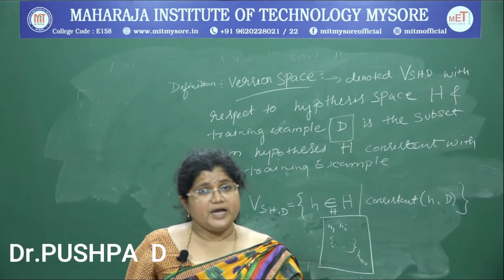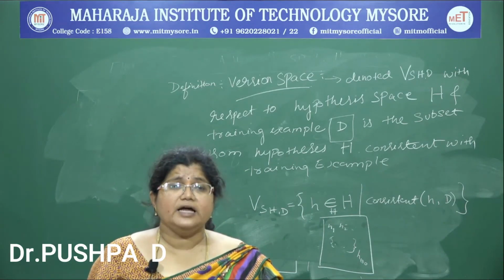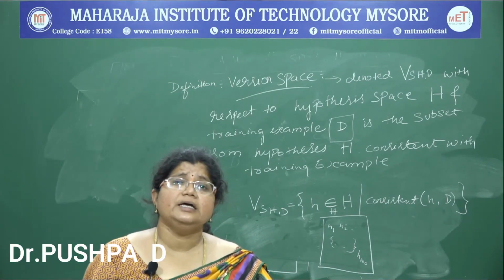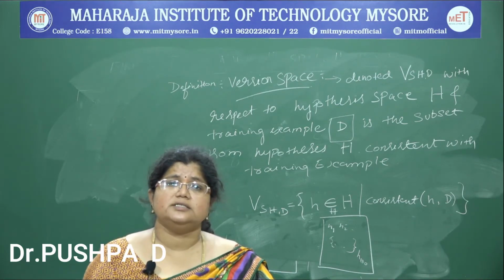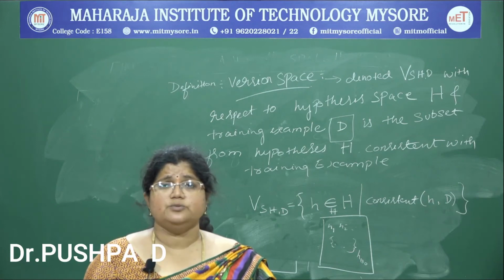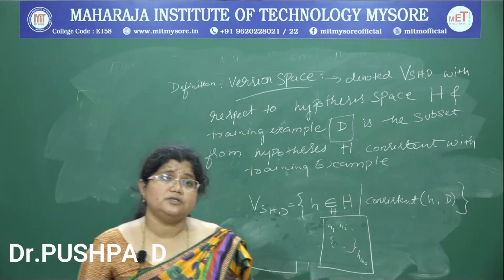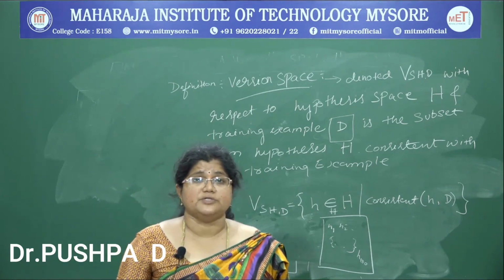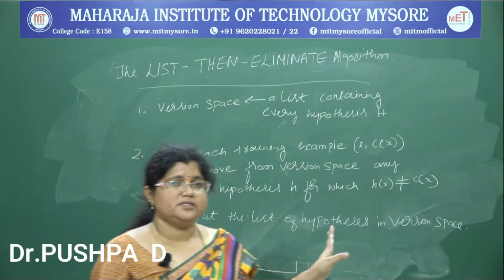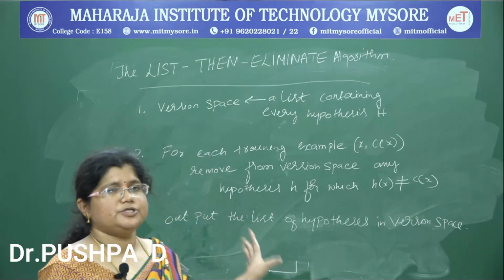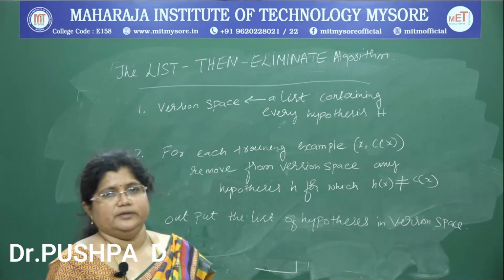Now, based on this version space, we have a simple algorithm. That algorithm is going to create a version space and then generate a consistent hypothesis. That algorithm is called list then eliminate.